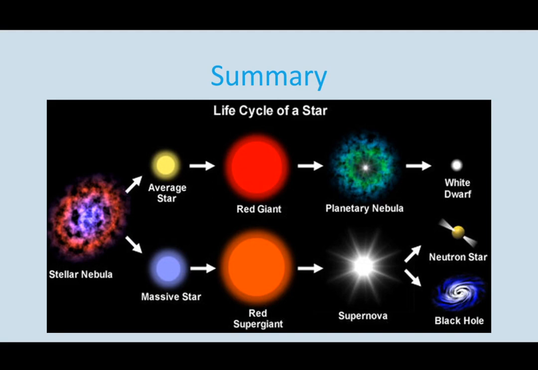This is when it's starting onto its death cycle, or its pathway to death, you could say. The red giant goes into the planetary nebula and then to the white dwarf. The red supergiant goes into a supernova, and the result is either a neutron star or a black hole. So again, just a quick summary of the life cycle of a star.